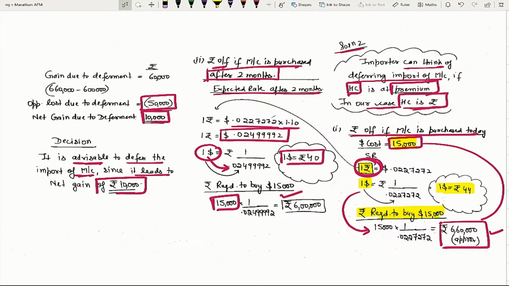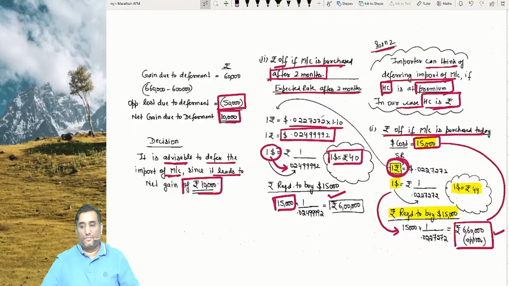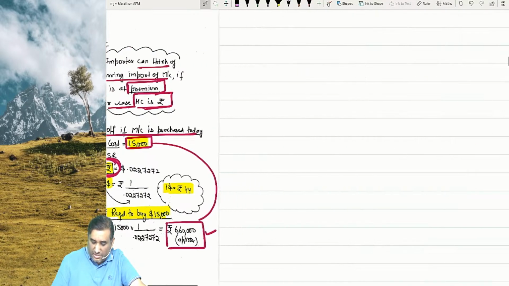Once you've done this, now next is on the hedging part.